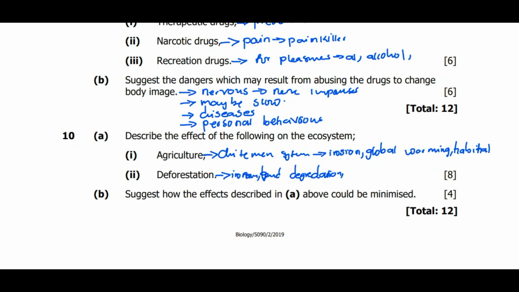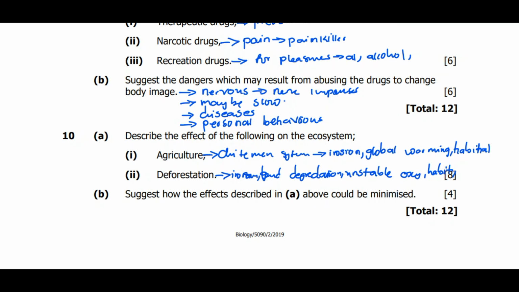So there will be a disturbance, an unstable oxygen level in the atmosphere. And you know that we can't survive without this oxygen. Then deforestation also has to do with the habitat, which is the area for some of these organisms.